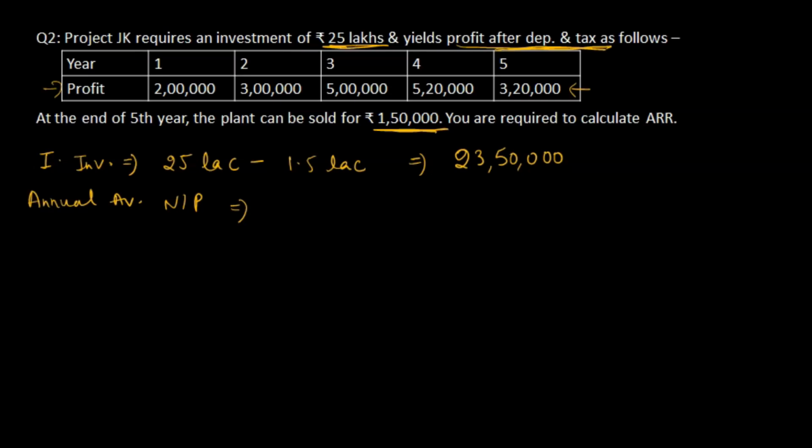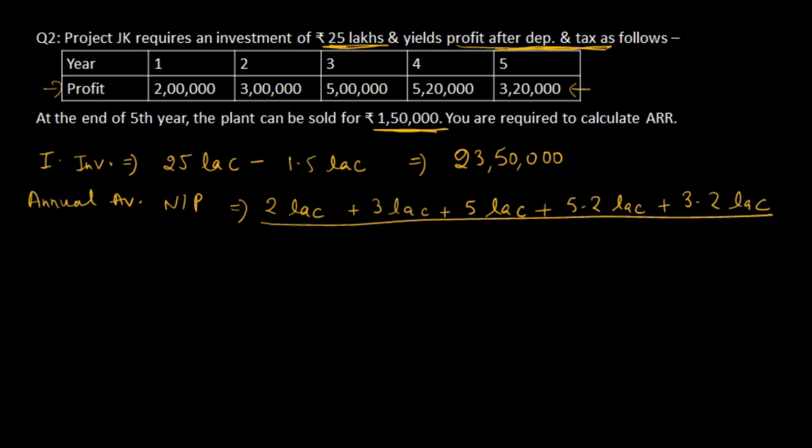I'll write here: first year 2 lakh, second year 3 lakh, third year 5 lakh, fourth year 5.2 lakh, and fifth year 3.2 lakh, divided by 5, because 5 years are there, we need to find out an average.